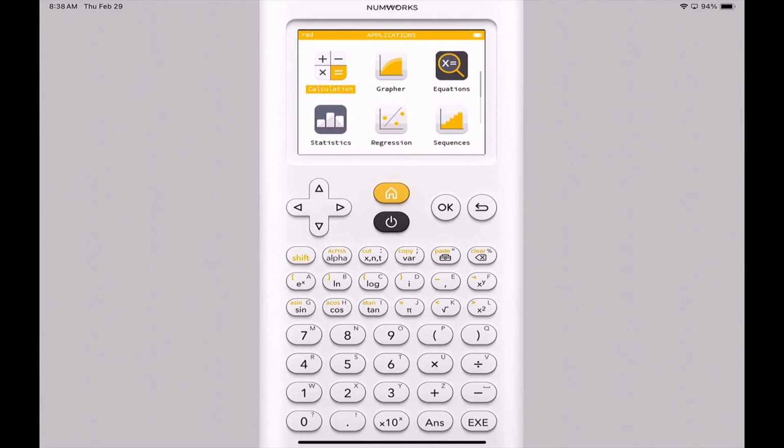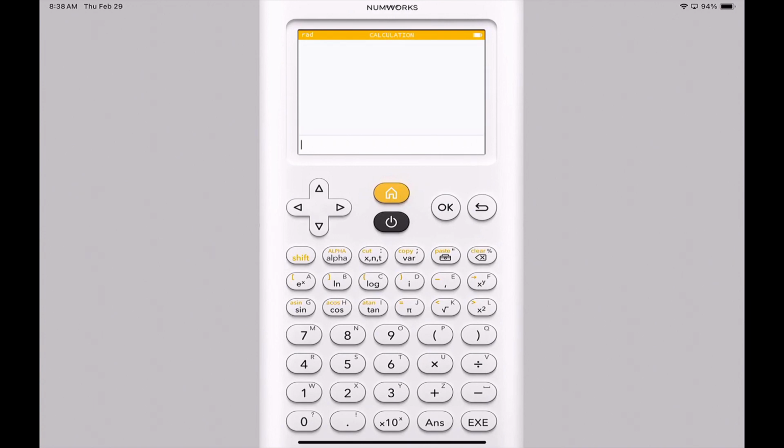So calculation, log of 3/10, close parentheses, divided by log of 1/2, close parentheses. Okay. And then I'm going to take that answer and multiply it by 1,590.